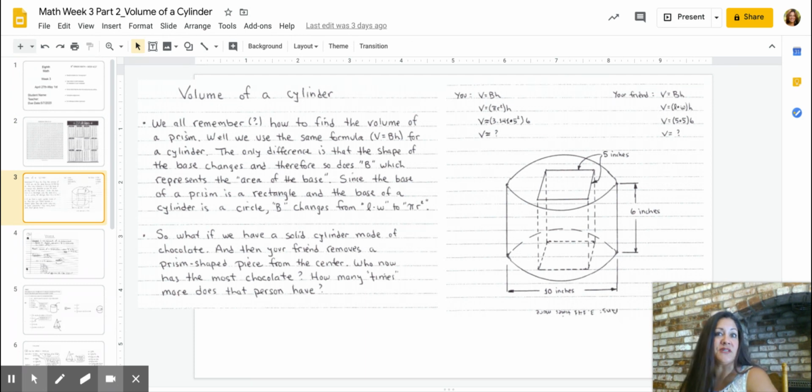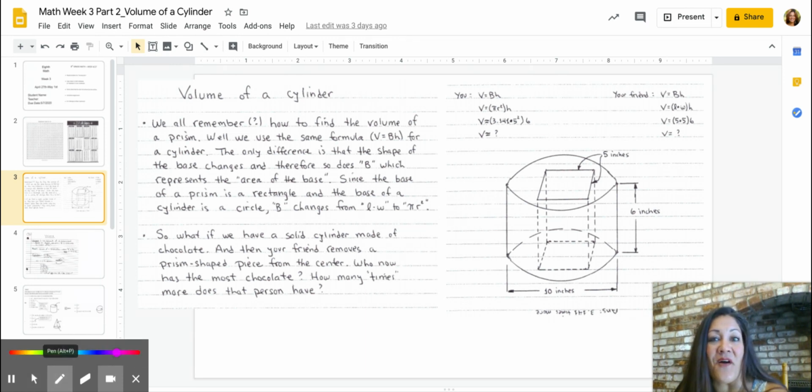And here's our introduction. Volume of a cylinder. We all remember, I hope, how to find the volume of a prism. We'll use the same formula for the cylinder, which is volume equals base times height. The only difference is that the shape of the base changes, and therefore so does B, which represents the area of the base.